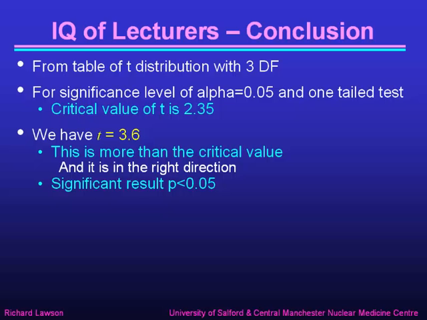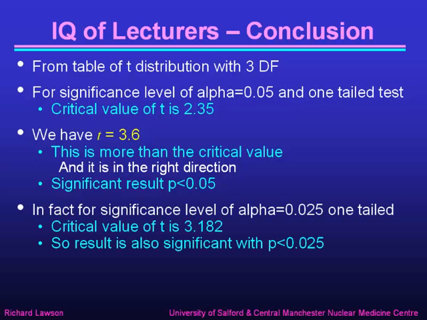We have a significance p of less than 0.05. In fact, it's also less than the value for the significance level of 0.025, where the critical value was 3.182. So 3.6 has exceeded that as well. So it's also significant with p less than 0.025.